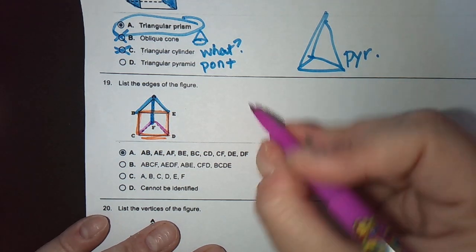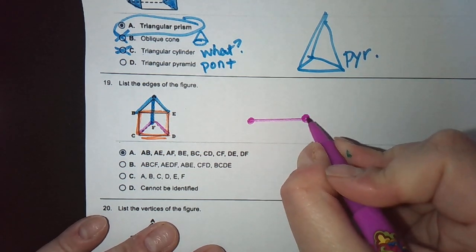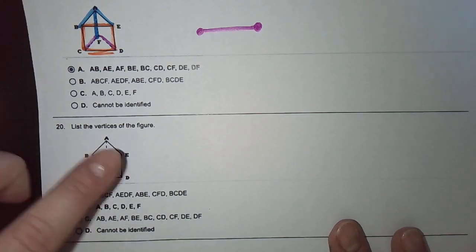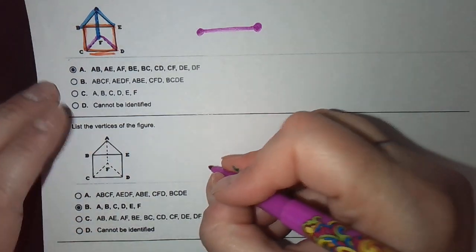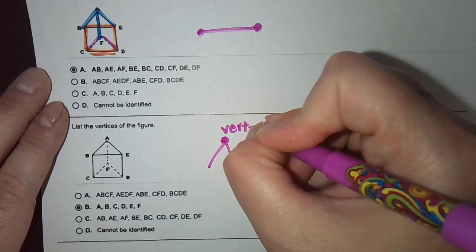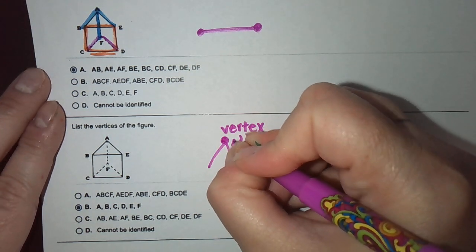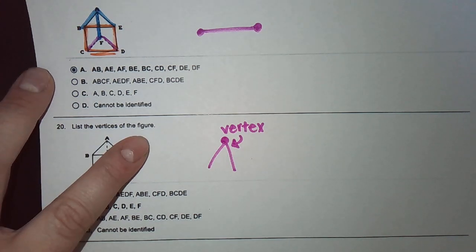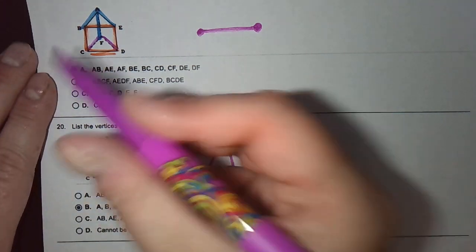So, edges are point to point, letter to letter. That's what an edge is. Okay? A vertex is just one special point. It says list the vertices of the figure.